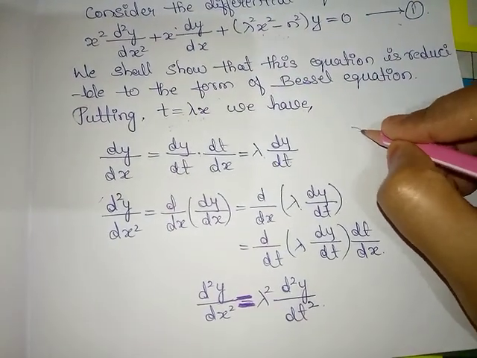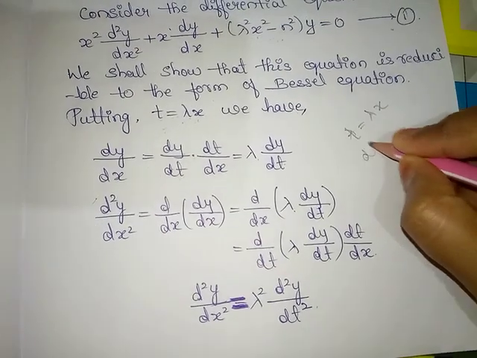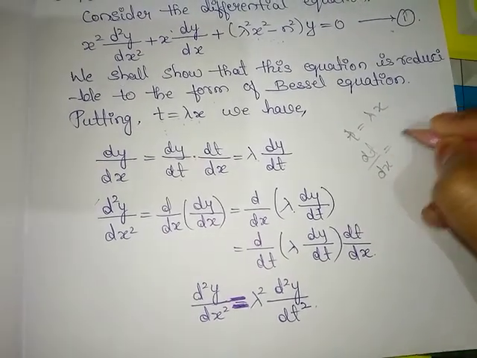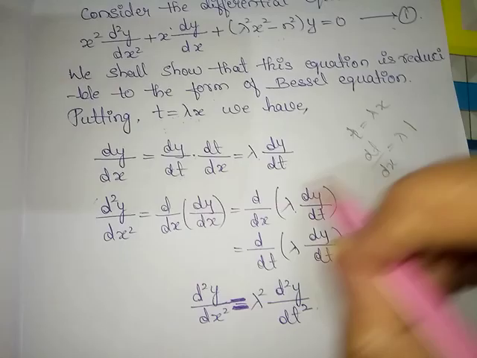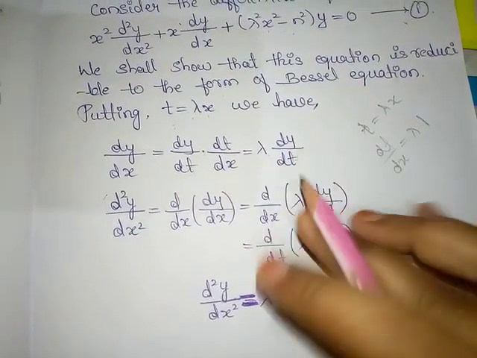So dt by dx is equal to lambda. In place of dy by dx, I will write lambda dy by dt.